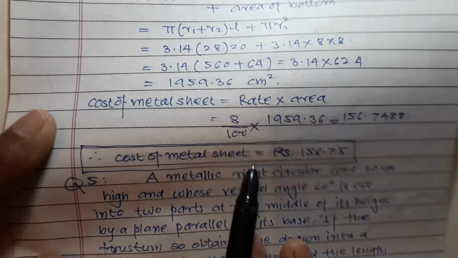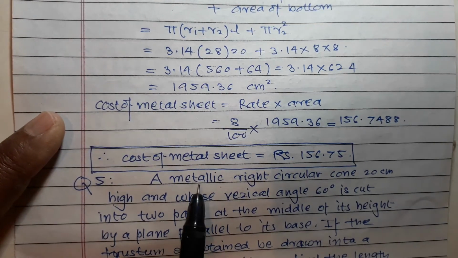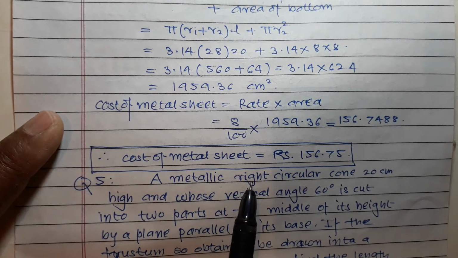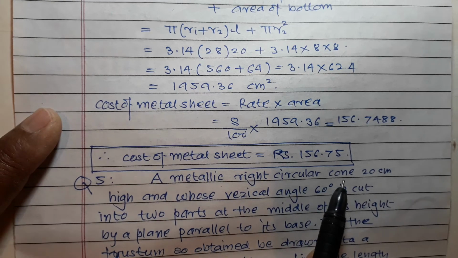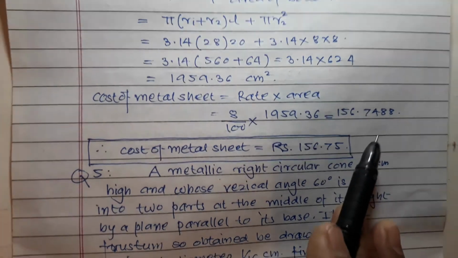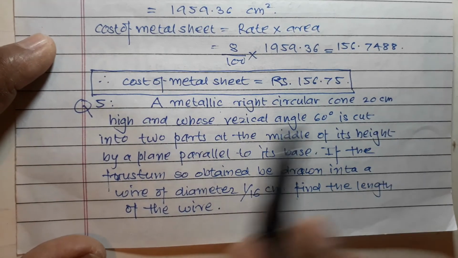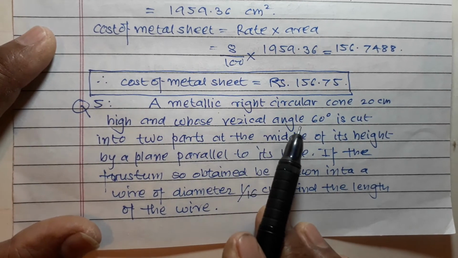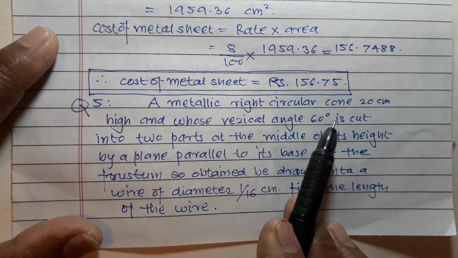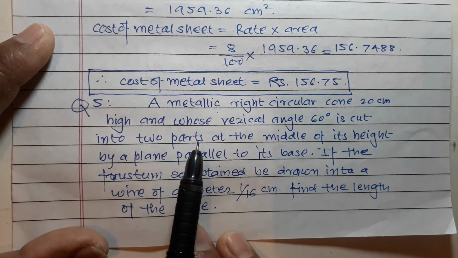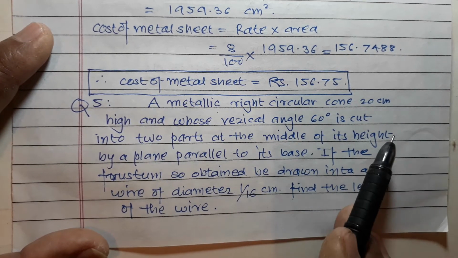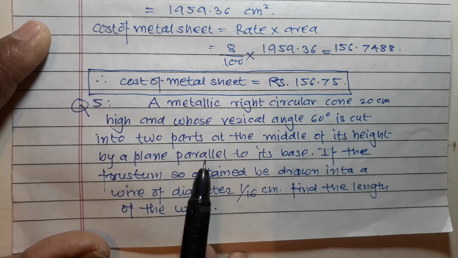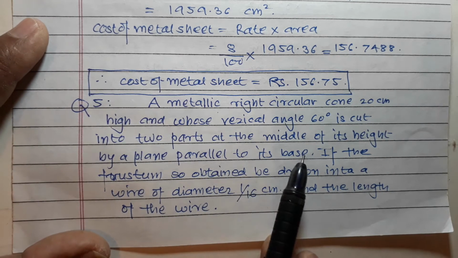Question number 5. A metallic right circular cone 20 centimeter high and whose vertical angle is equal to 60 is cut into two parts at the middle of its height by a plane parallel to its base.